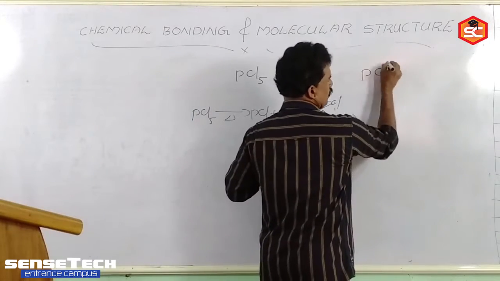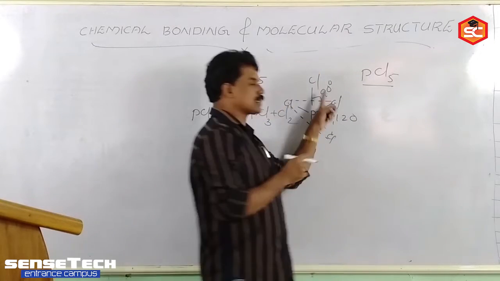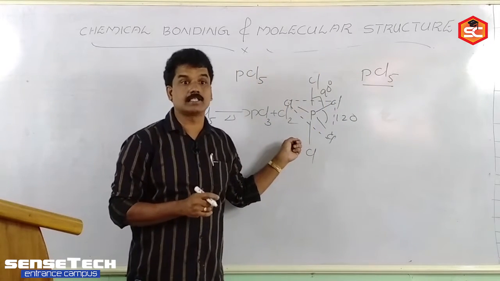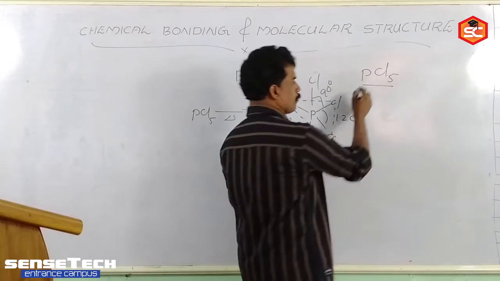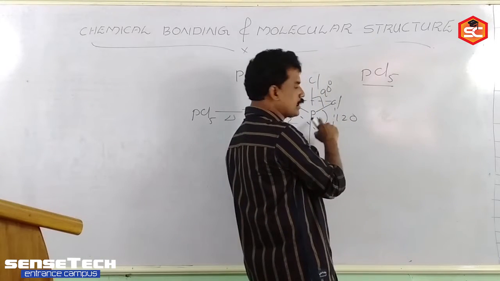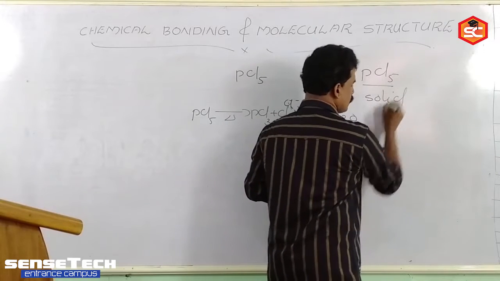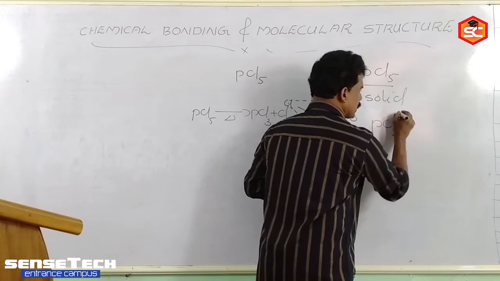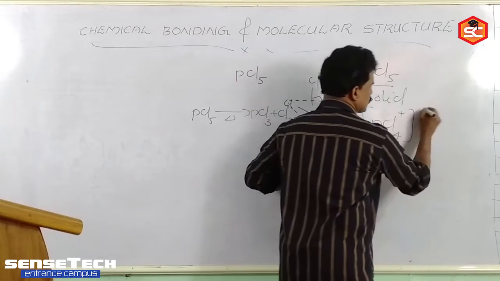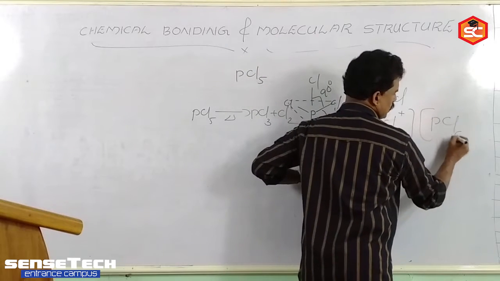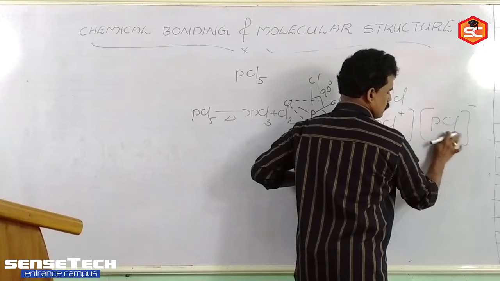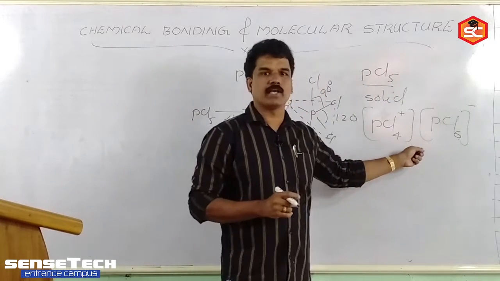Actually this is a structure that exists in the gaseous phase and liquid state. But in the solid phase, PCl5 exists as a complex ion, PCl4+ and PCl6-. This way PCl5 exists in which state?